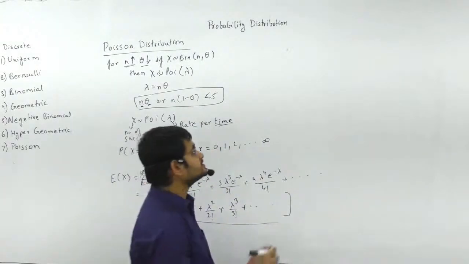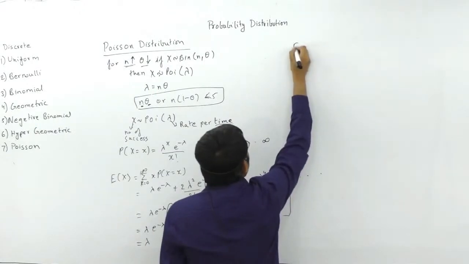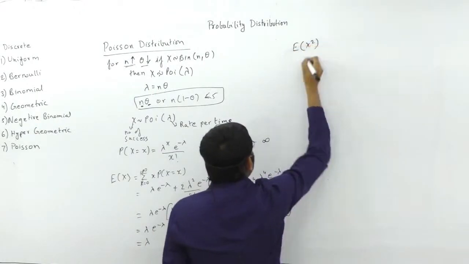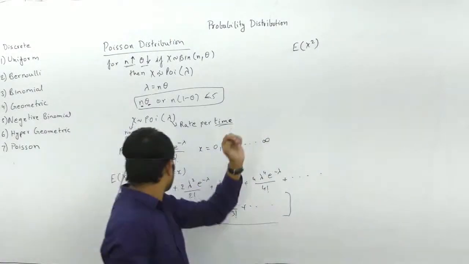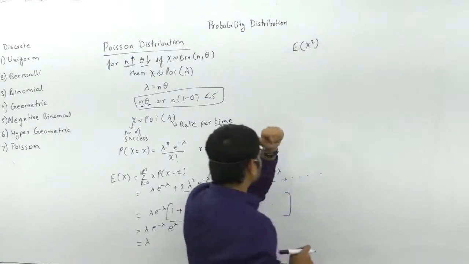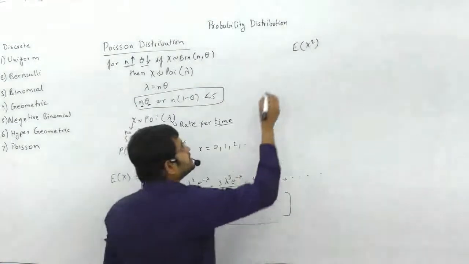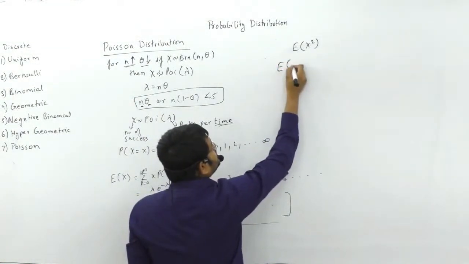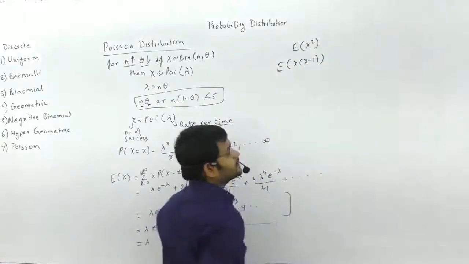Let's find the variance. For variance, we'll find the expected value of x square first. Now the expected value of x square can be easily found out, but for Poisson distribution, it would be easier to find E of x into x minus 1.